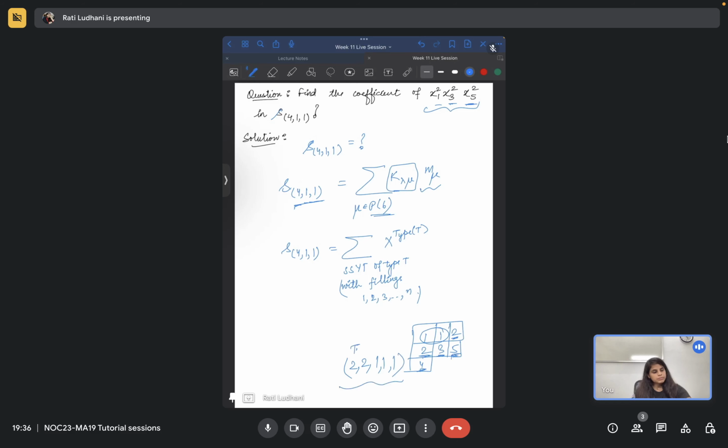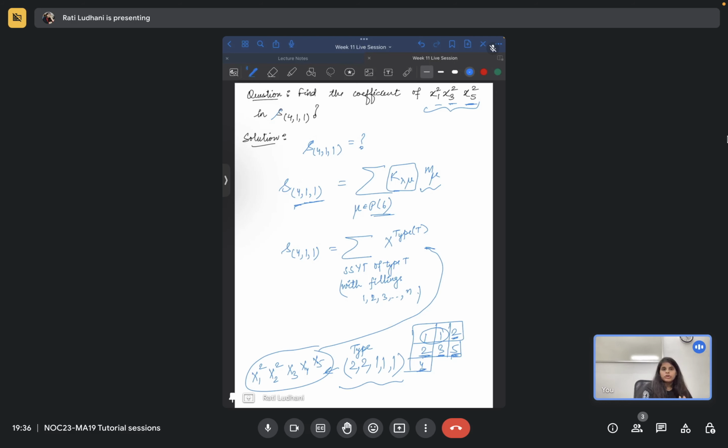So this is your type, and corresponding to that you will get x1 square, x2 square, x3, x4, and x5. This is the monomial you will get here.